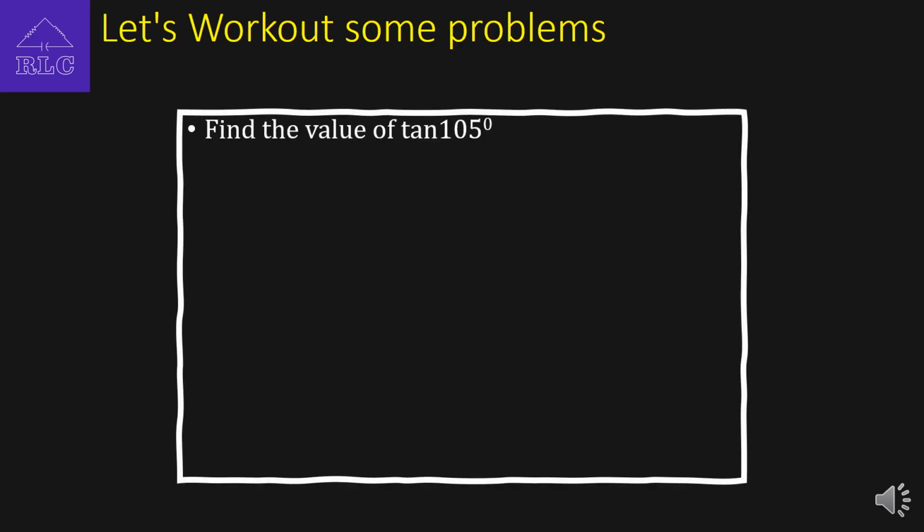Now let us find the value of tan 105 degrees. Tan 105 degrees can be written as tan of 90 degrees plus 15 degrees. Plus means second quadrant, and we have a y-axis approach to tan.